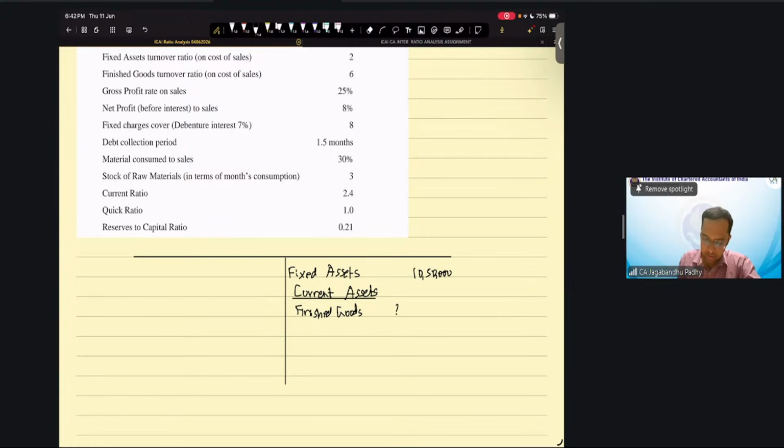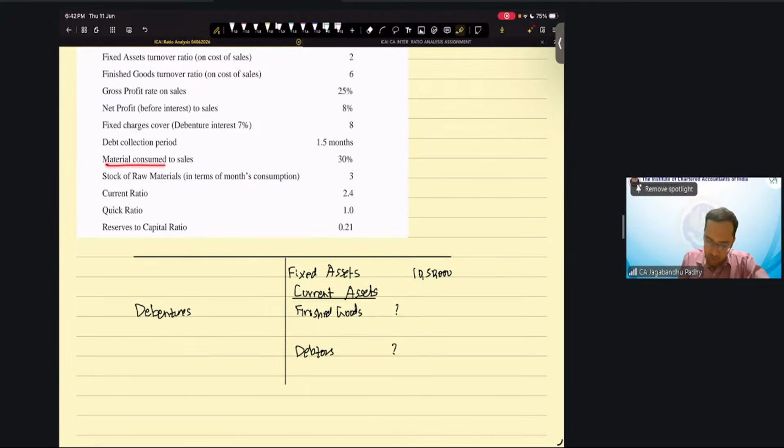We'll get the net profit number before interest. So remember, this is going to be before interest. So this is your earnings before interest and tax. Fixed charges cover is going to be 8, because you have the debenture interest as 8. So we'll definitely have on the liability side the value of debentures to be computed. Okay. Then we will have the value of debtors to be computed.